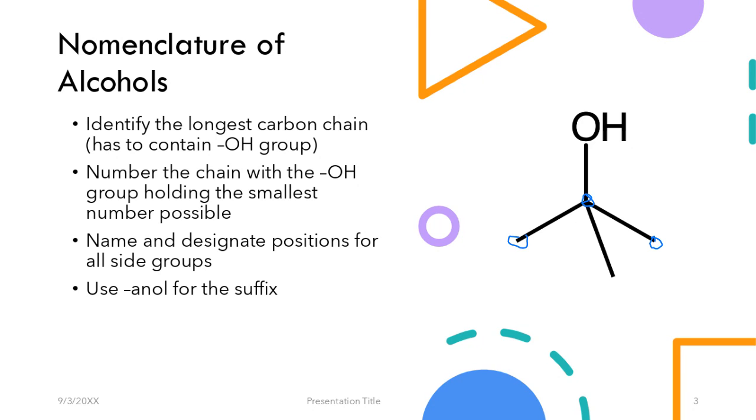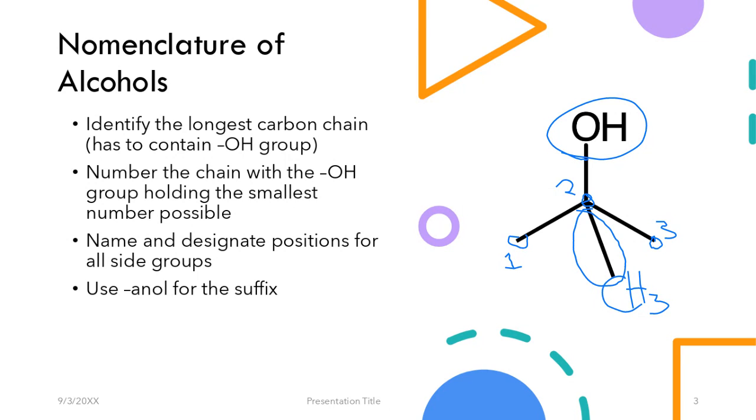In this case, it doesn't matter which end I start counting from because the OH group is on the middle one. So whichever way I count, it'll still be on 2. I have 1, 2, 3. So that makes my side group here, and then this is my functional group. So this is a methyl group, right? And that's on C2.